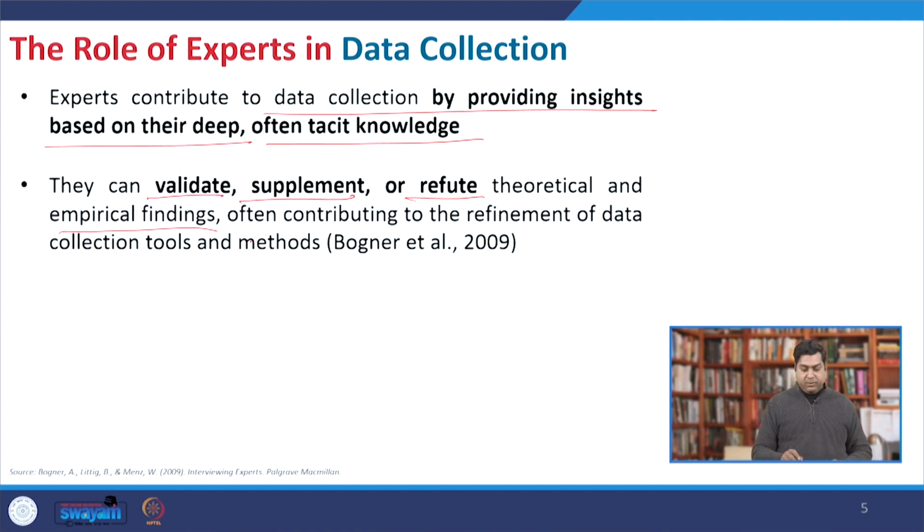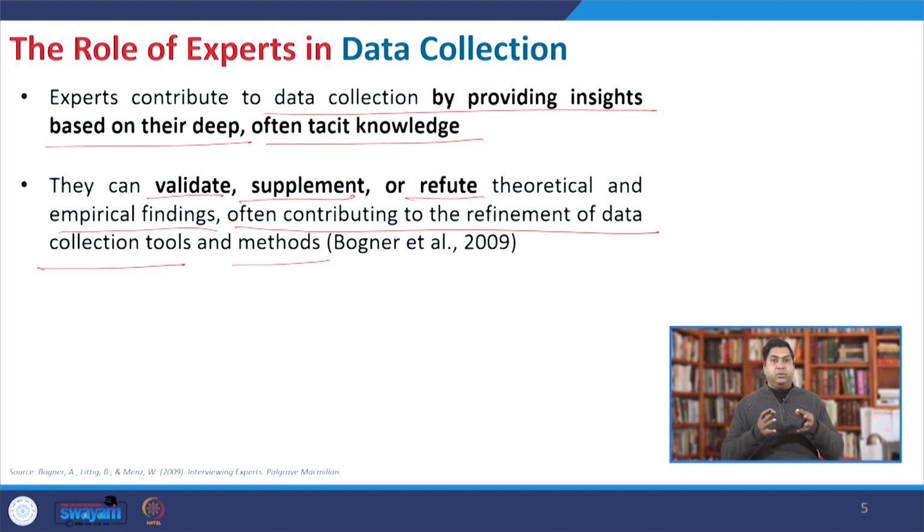This often contributes to the refinement of the data collection tool and the method, but you can also involve them in your overall insight, not only for data collection or identifying the factors for the study, but even for priority intervention for certain things as well.